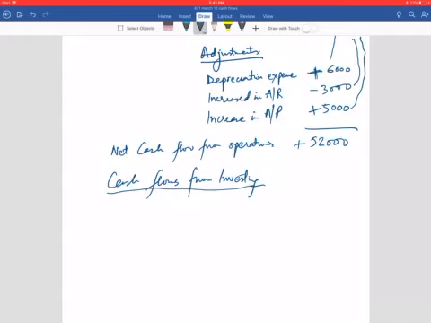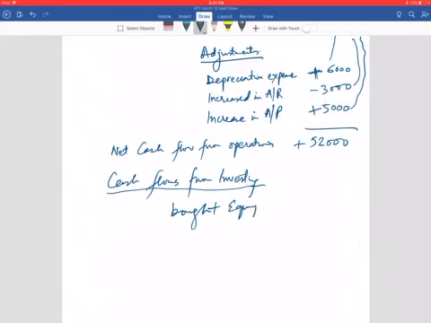Investment means you're making a commitment for long term in nature, 10 years, 15 years, 5 years, right? Long term. So here you can see equipment increase from 22 to 39. It's a 17,000 increase.